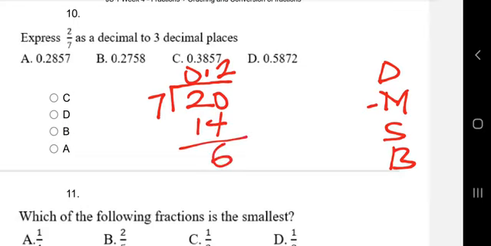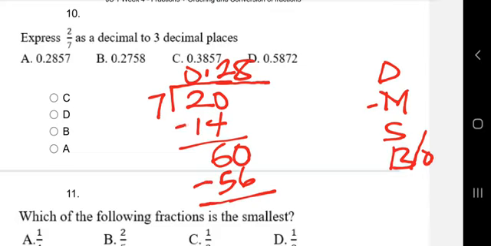There is nothing to bring down here, so it is either bring down or you add 0. I'm going to add 0 to this now. Am I with you? 60 divided by 7 gives 8, which is 56. We subtract again, and this gives 4. We add 0 because there is nothing to bring down. 7 in 40, that is 5.